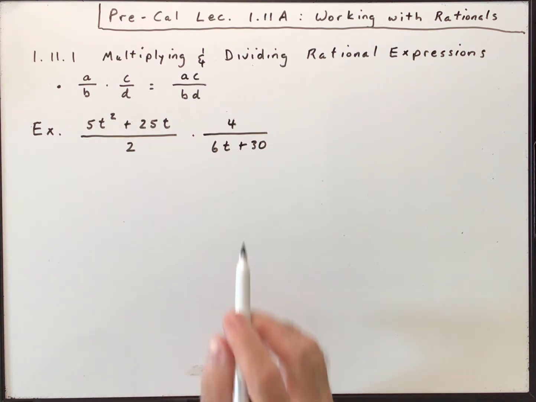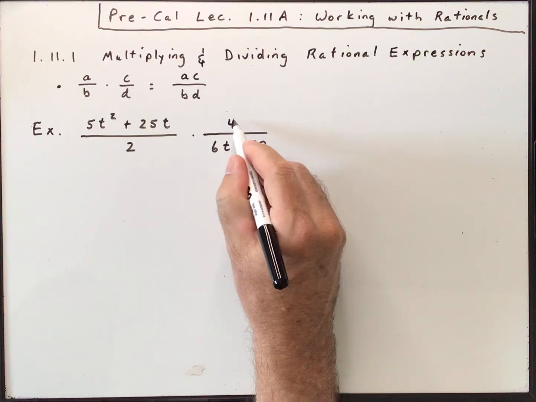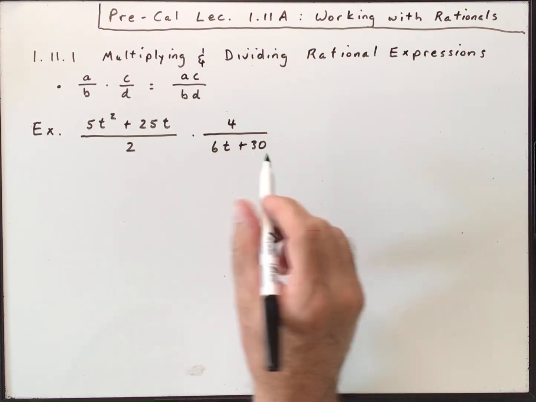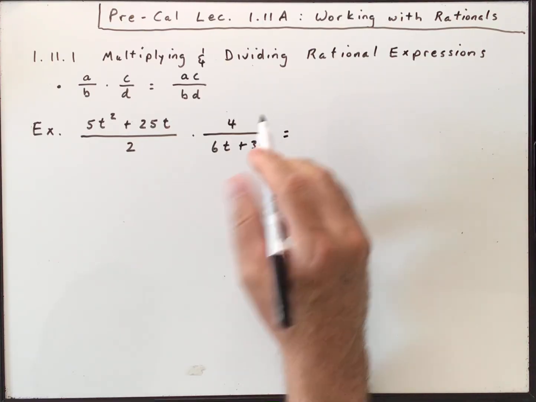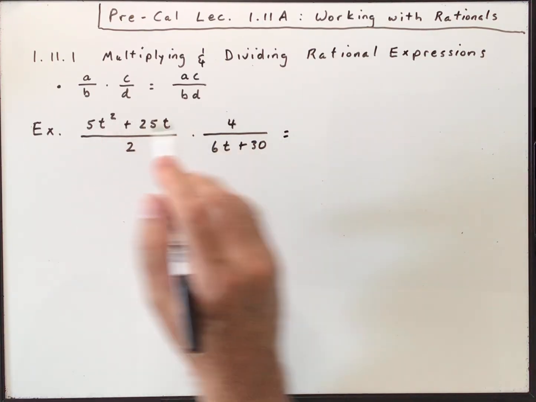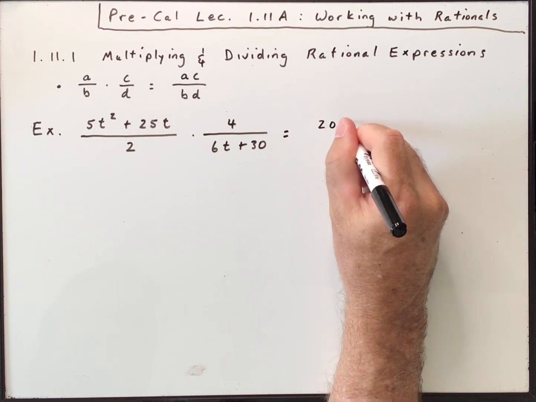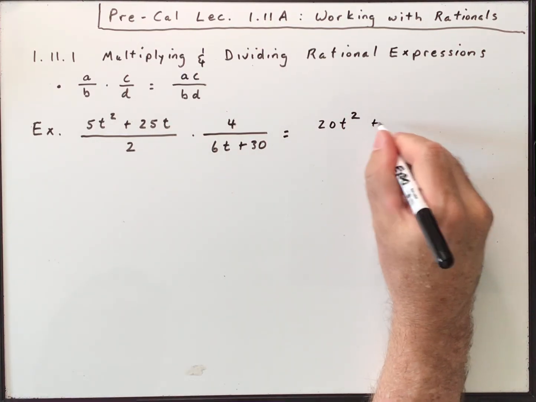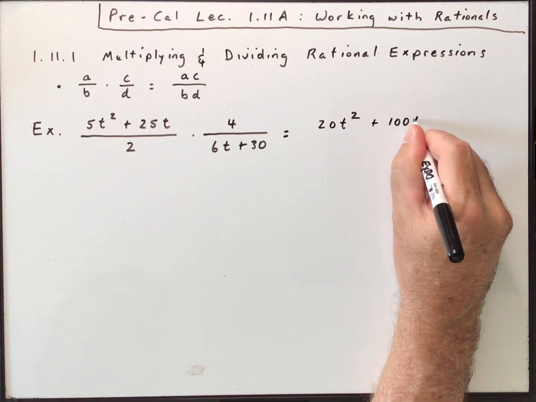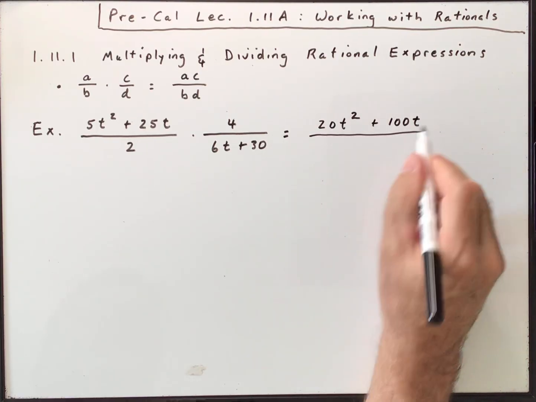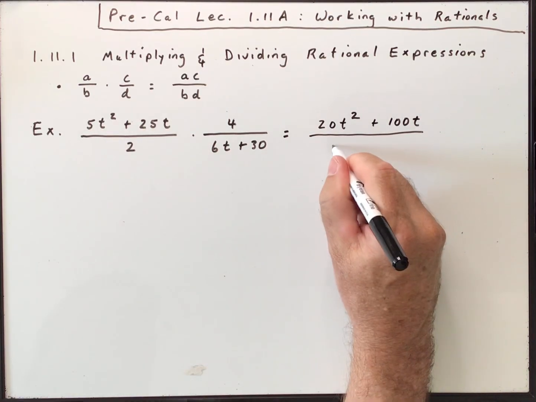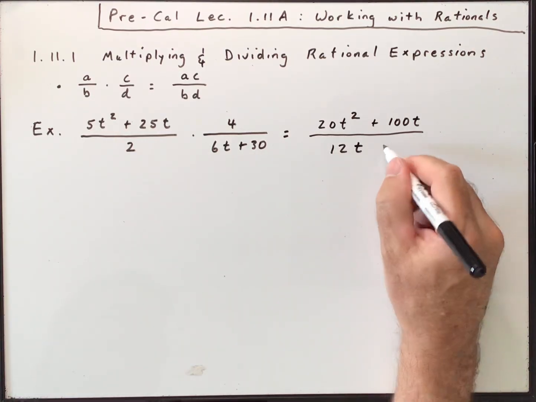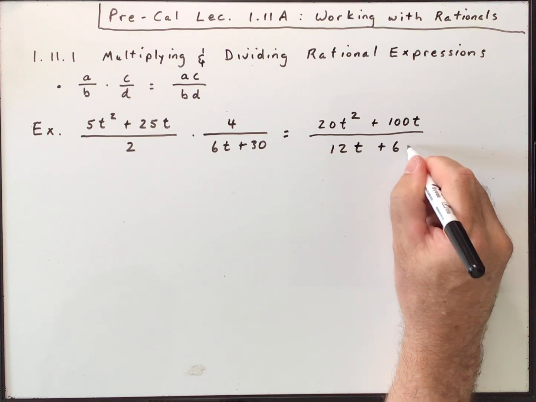I could cross out the 2 and change this 4 to a 2 because 4 over 2 is just 2. But I'm just going to go ahead this first time and just multiply it all out. So we've got 4 times 5t squared would be 20t squared. And then 4 times 25t would be plus 100t. And then on the bottom, 2 times 6t would be 12t. And then we have 2 times 30, that would be plus 60.